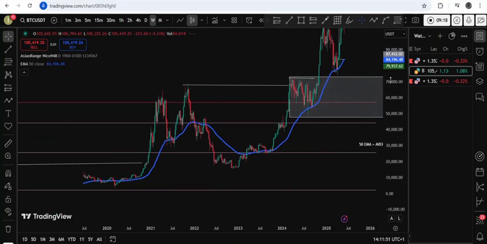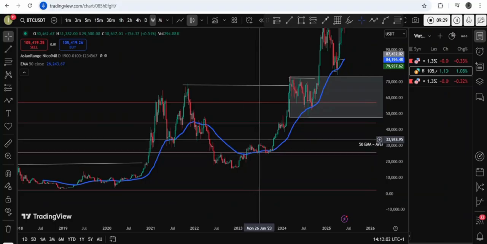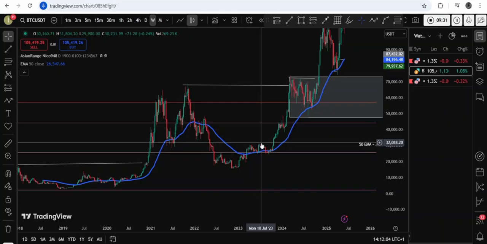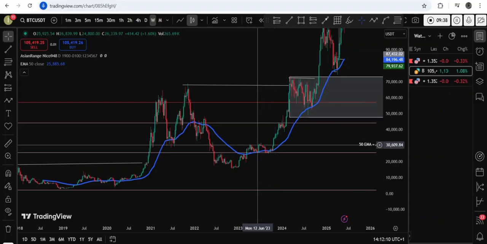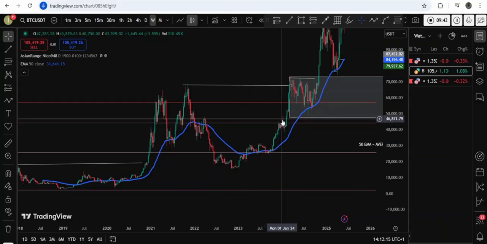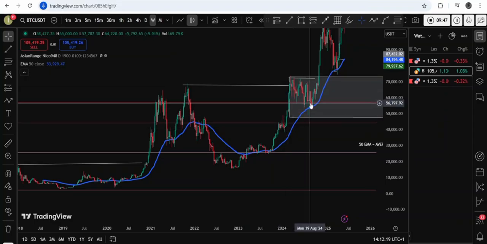Example right here, you can see that Bitcoin broke above the 50 EMA around here with a bullish candle, came back, retested the 50 EMA, gave us another bullish candle, came back, retested it again, and kept on moving upward. As you can see, it breaks these two higher highs as liquidity, and higher low, and higher high, and higher low.